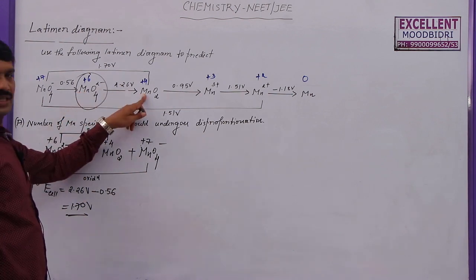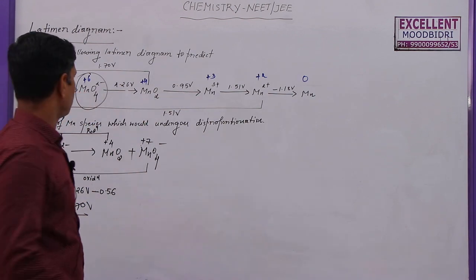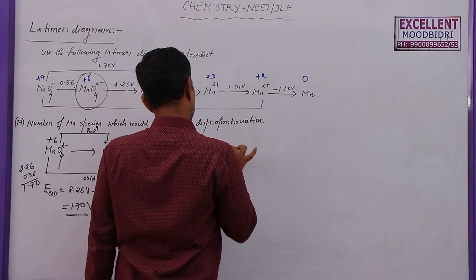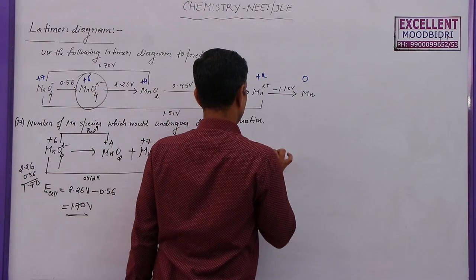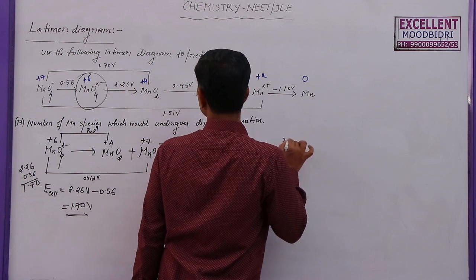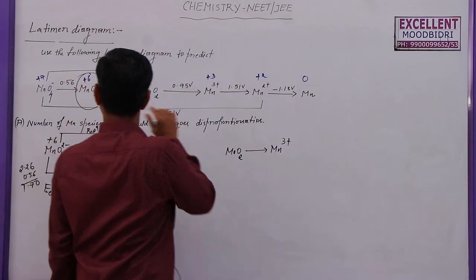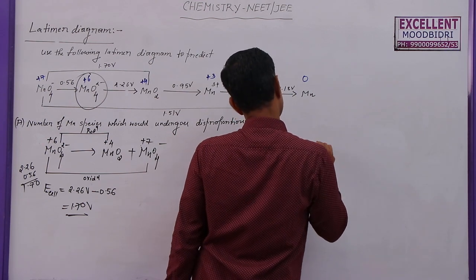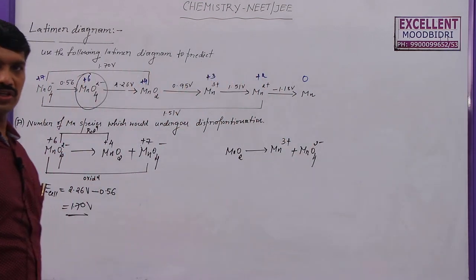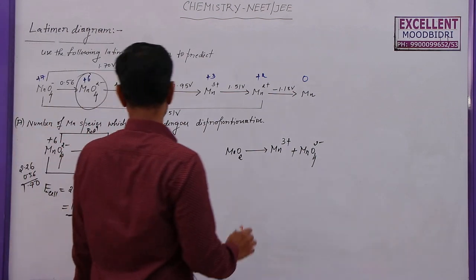I go to the next case, MnO2, because both reactions are possible. MnO2 changes to Mn3 plus, reduction, and changes to MnO4 2 minus, oxidation. Both reactions are possible, so E shell is important for us.